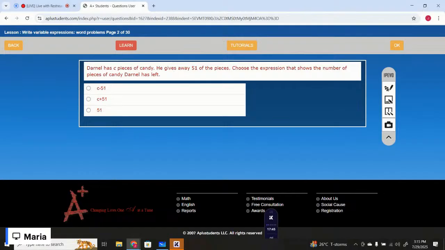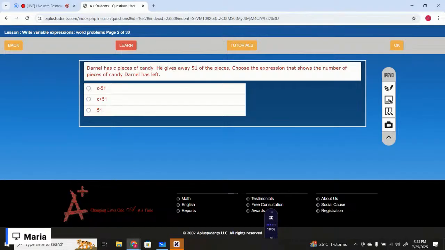Darnell has C pieces of candy. He gives away 51 of the pieces.